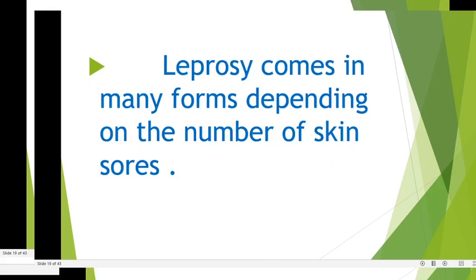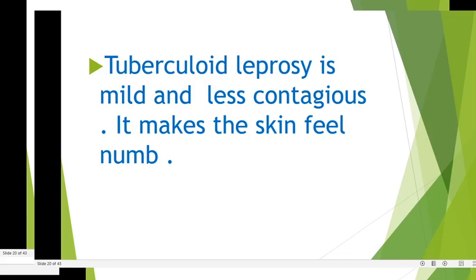Leprosy comes in many forms depending on the number of skin sores. First one is tuberculoid leprosy. It is mild and less contagious. It makes the skin feel numb.